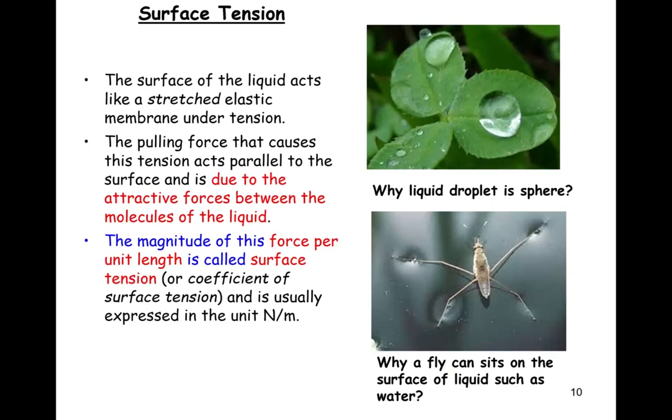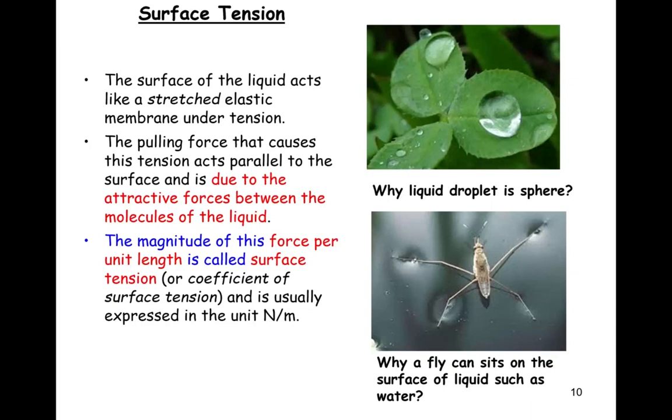Why is a droplet a sphere? What is holding it as a sphere? You can see the surface of a droplet is like an elastic layer. That means molecules are attached on the surface, exerting molecular force together and forming a layer on the surface of the liquid.